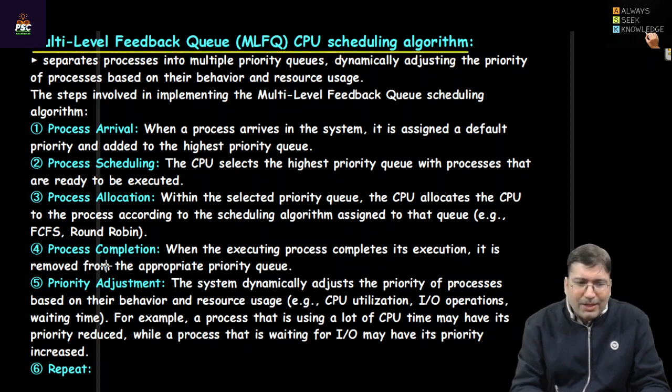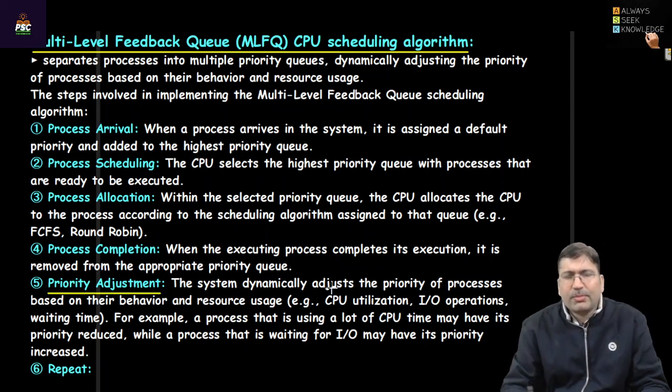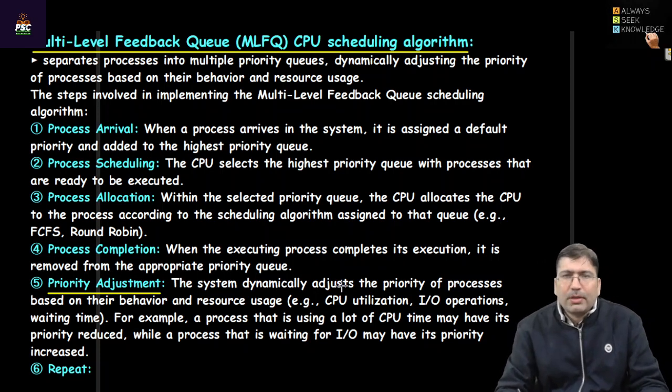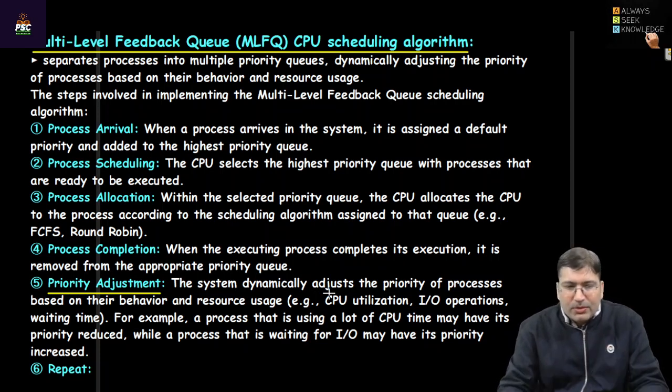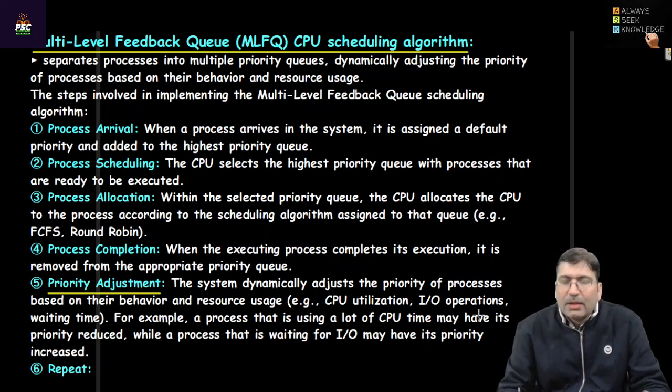In this, one extra step is there, which we consider as priority adjustment. The rest of the steps are almost similar to multi-level queue scheduling. In this, one thing is extra. The priority value can be incremented based on certain criteria, like based on resource usage or the IO operations and a number of other criteria.